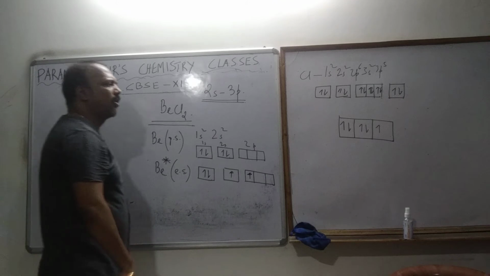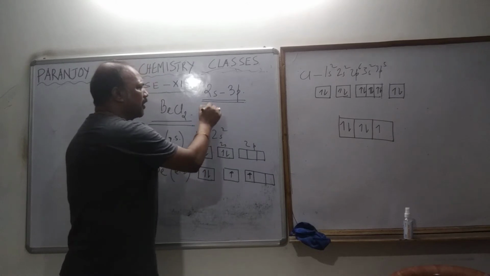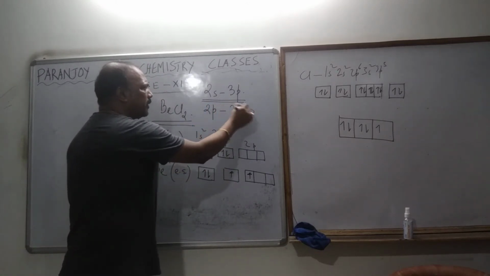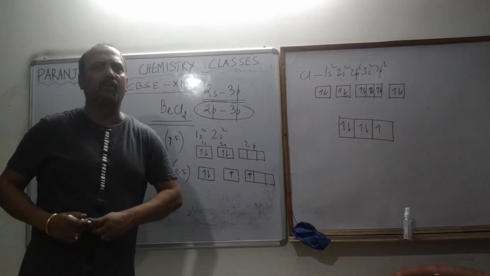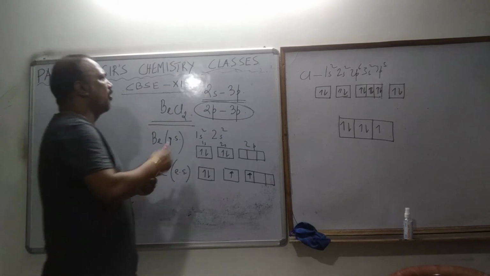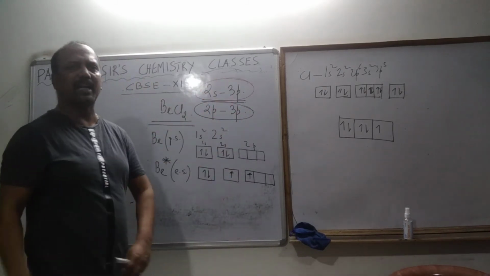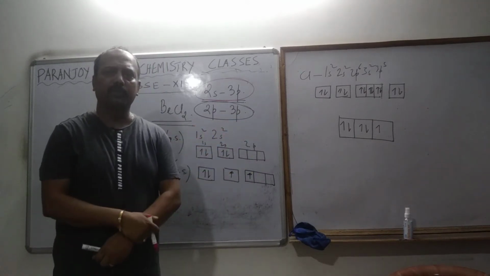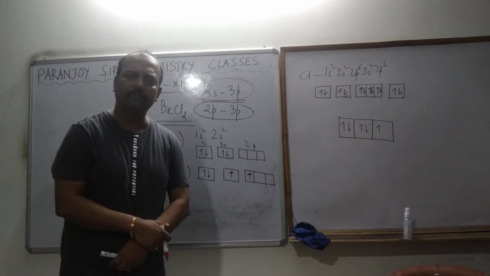Another bond will be formed between the 2p of beryllium and the 3p of the other chlorine. So the two bonds formed are different: one is between 2s and 3p and the other is between 2p and 3p. So two different bonds will be formed between B and Cl.